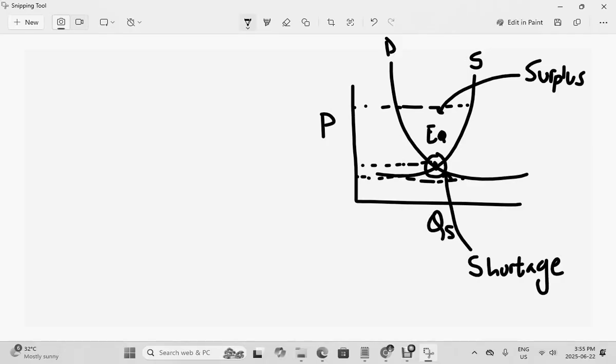Now, in terms of gasoline from the last video, as the gasoline prices go down, for example, the demand will go up. But if the gasoline prices were to rise for whatever reason, then the demand will go down.